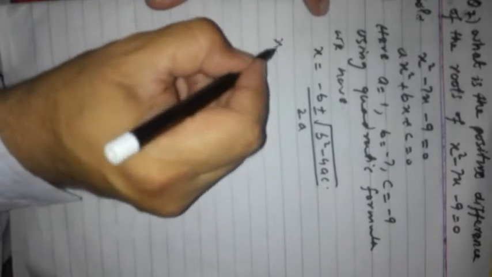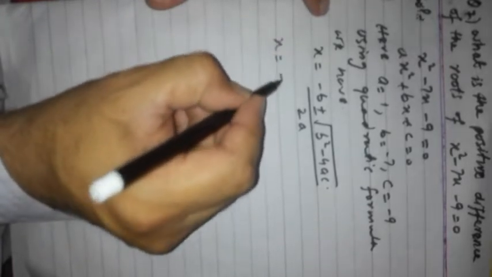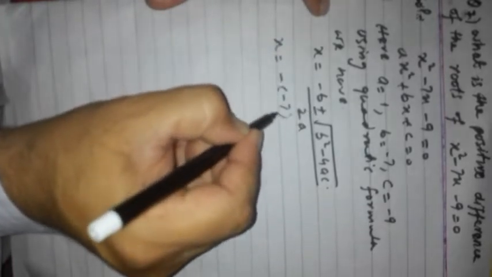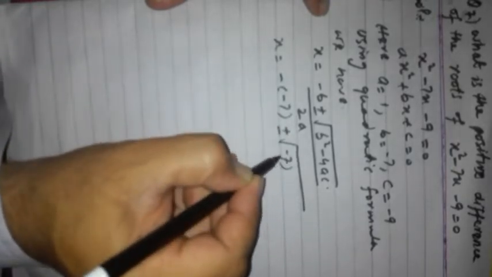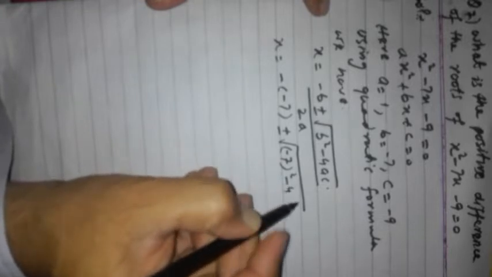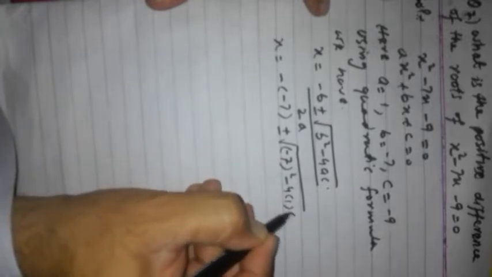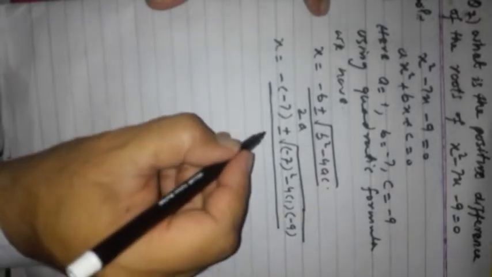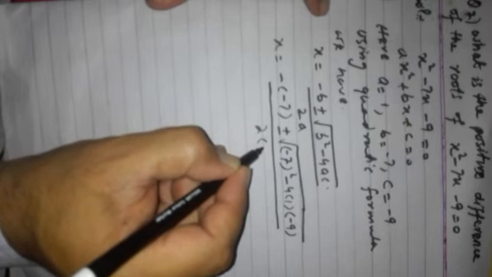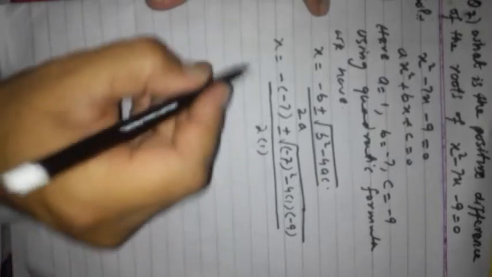Putting the values here, x equals to minus, the b value is minus 7, plus minus under the root minus 7 square minus 4, the a value is 1 and the c value is minus 9, whole under the root, whole divided by 2, the a value is 1.